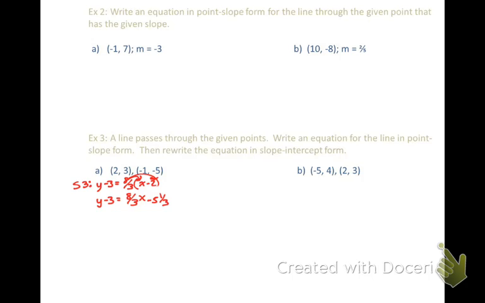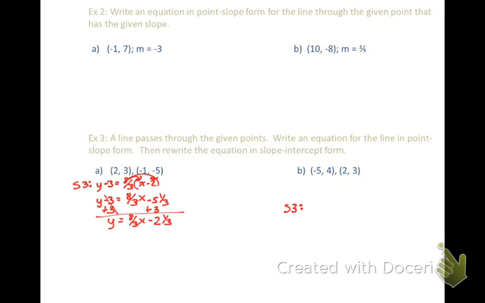So then after that, I need to get y by itself, and the only thing you need to do is get rid of the number attached to the y, and so it's subtracting 3. So I'm going to add 3 and only add it to the side that does not have a variable. So it's y equals 8/3 x minus 2 1/3. I'd like you to try that with B from step 3.